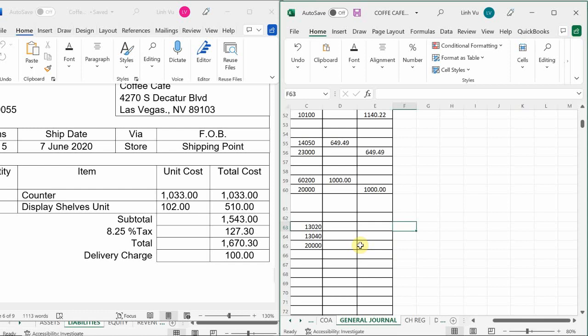Right? That's my grand total amount that I am being billed for, but in this case, I need to keep a separation between my counter and my display shelves because they're two separate pieces of furniture. So my question to you is, looking at the invoice, what is going to be considered a part of the cost of the asset?